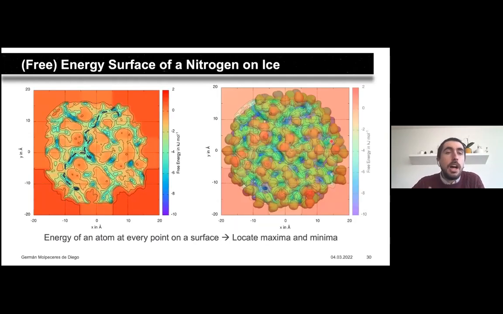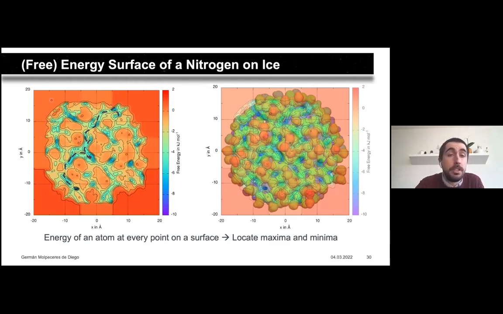Without entering into detail on how we obtain these graphs, let me tell you that we can now afford to really reconstruct the potential that a nitrogen atom experiences when moving on a surface. And by reconstructing this potential, we can identify pathways for diffusion, the pathways that an atom will take in order to move on a surface, which is what I said we need to model diffusion.